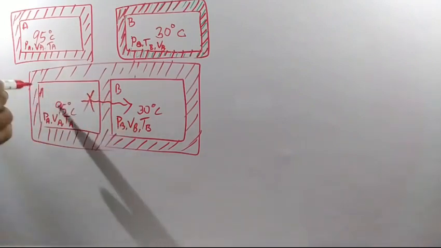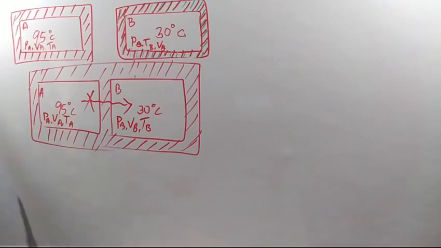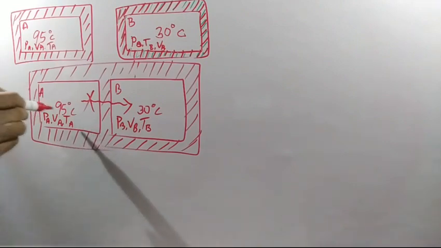If somebody asks whether two systems with different temperatures can attain thermal equilibrium, you answer yes, but provided the thermodynamical variables are constant and the walls are insulated walls. Then only this condition will be satisfied.